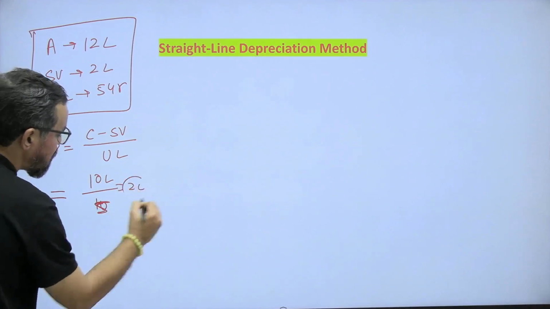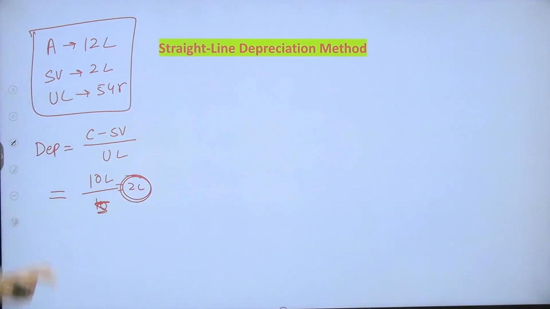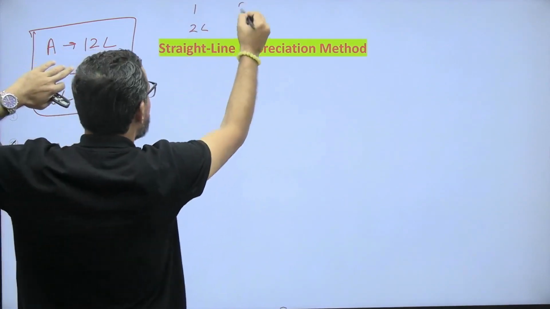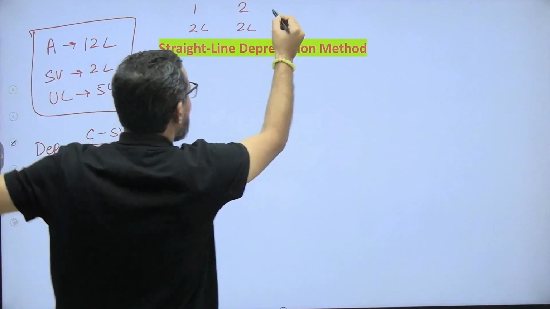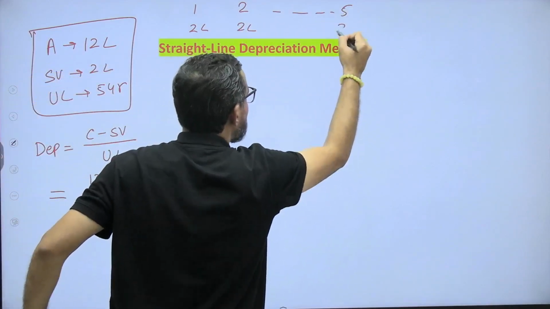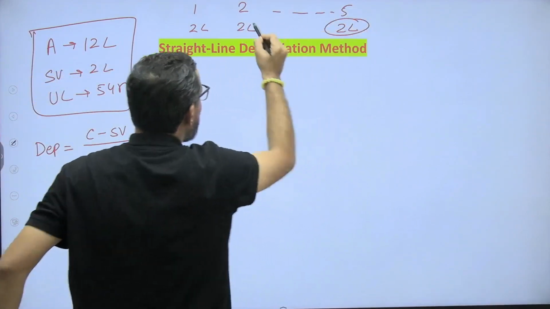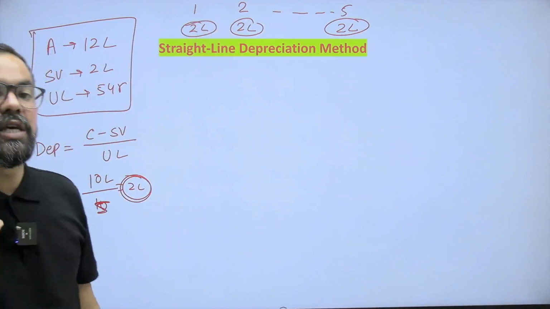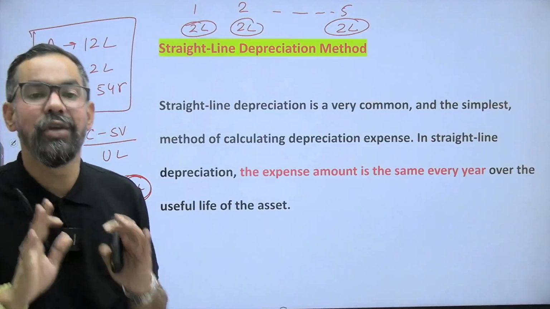The company is going to charge depreciation on this asset: first year 2 lakh, second year 2 lakh, third year, fourth year and fifth year 2 lakh. So every year they'll charge the same amount. That is your straight line method.